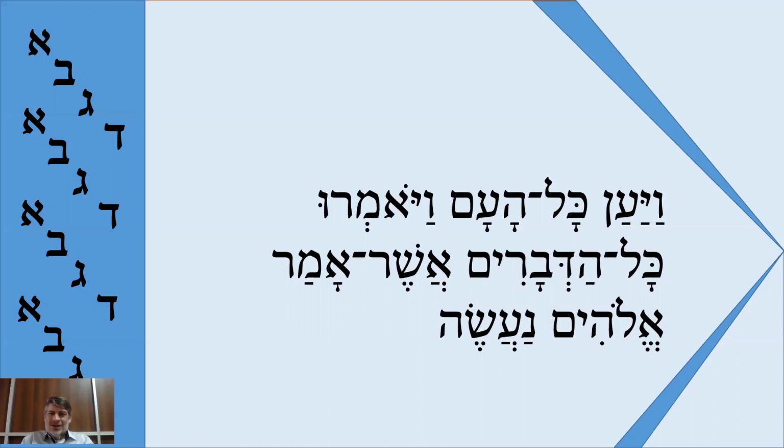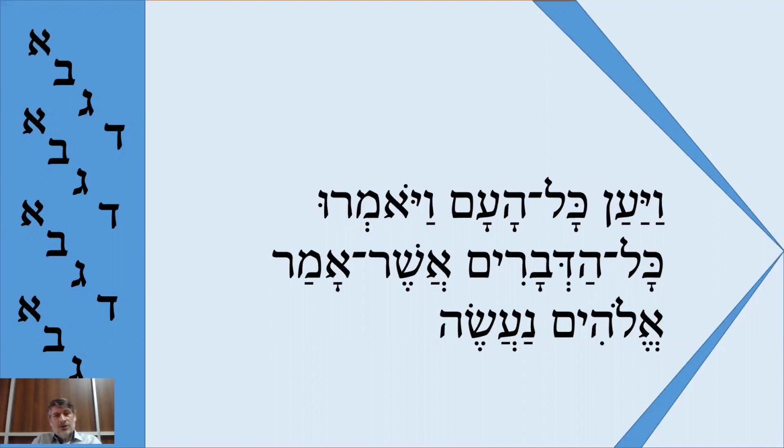Not really. So let's try to understand it. What kind of form is it? We have a Vav and Yud. It's Vayyiqtol. So if it is Vayyiqtol, then definitely Vav is not part of the root. And actually we almost do not have words in Hebrew that start with Vav. And Yud is a prefix. So let's just remove them and try to see the root. And remember that a root always should have 3 consonants.